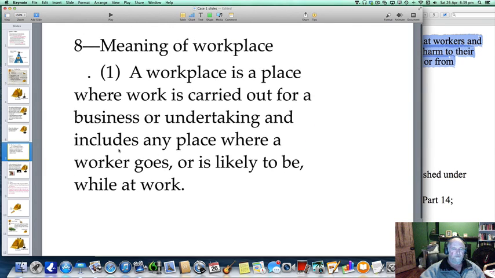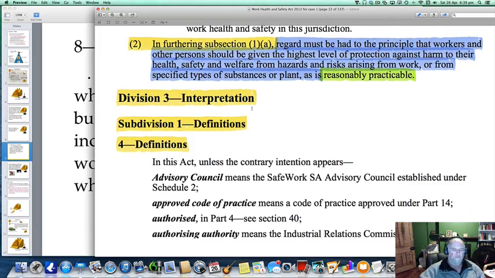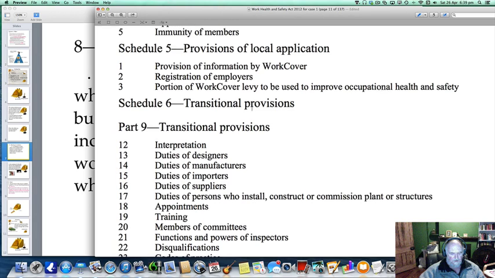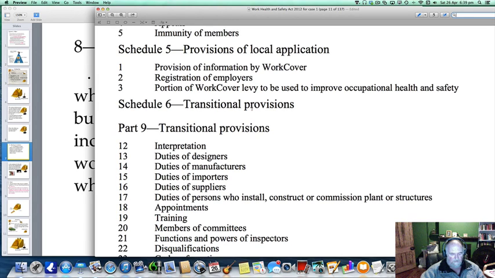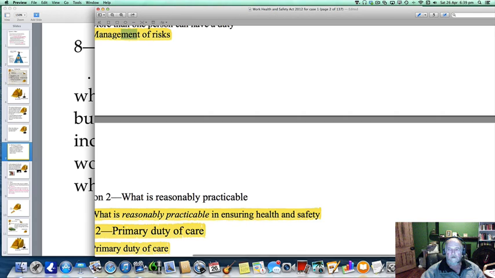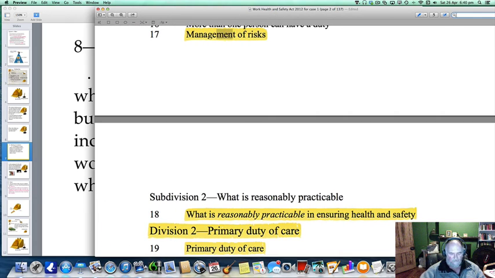Okay, the first thing I looked at here was the meaning of workplace. Well, I've got to know what the workplace is. So in section 8, see if we can find that, meaning of the workplace. One of the things you can do is look these things up.